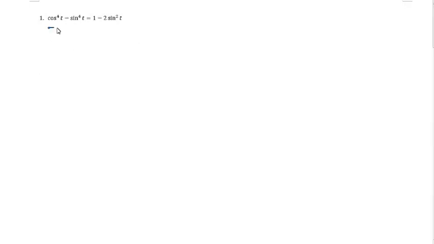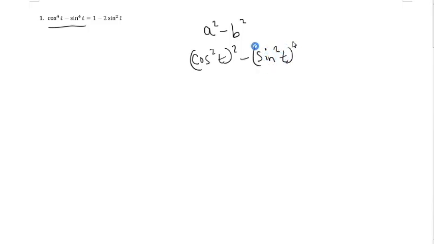Okay, so we're going to look at the left side here. Now notice that it is a difference of squares. Can you see that? The difference of squares is when you have something of the form a squared minus b squared. Well, notice that these are to the fourth, but that's okay. What we can do is rewrite it as cosine squared, squared, minus sine squared, squared. And now this is our a, and this is our b.